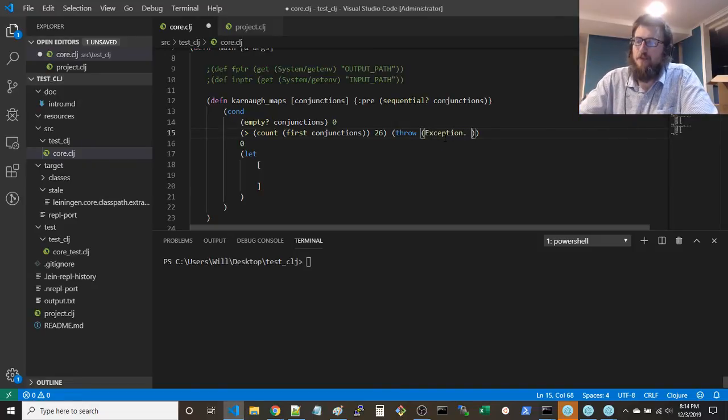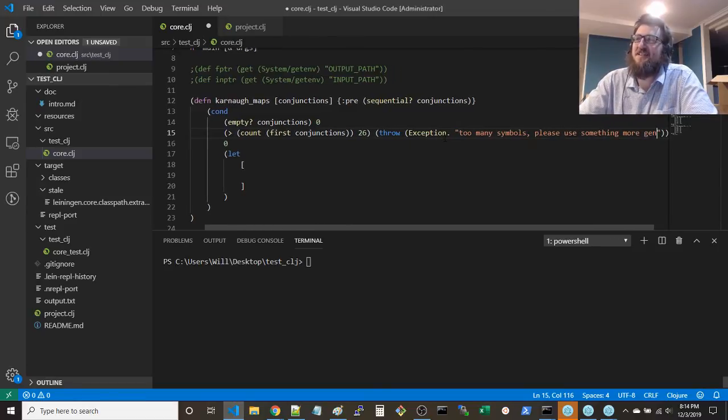Kind of unusual, but all right. Too many symbols. Please, something more general. Something else.